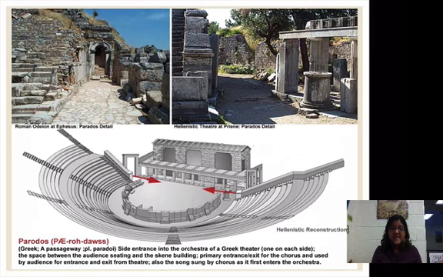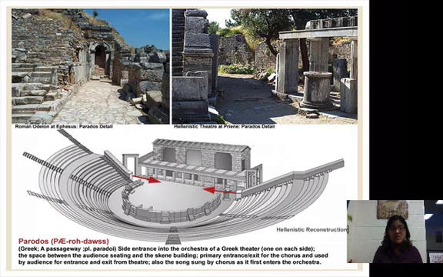So you can see in this map where the parados exactly is in relation to both the orchestra and the skene, and then you can have a more realistic view of where the proskenion is on top of the skene and behind the orchestra.